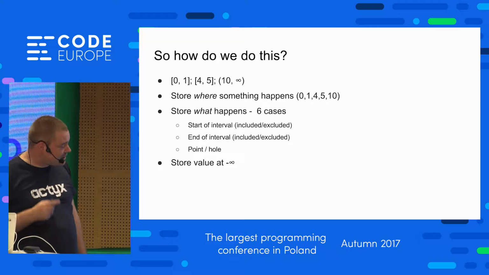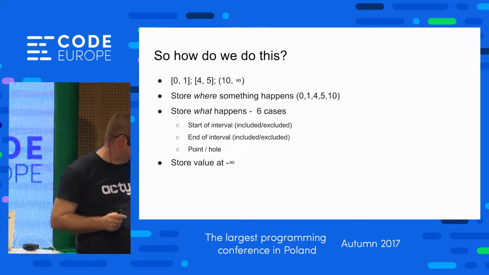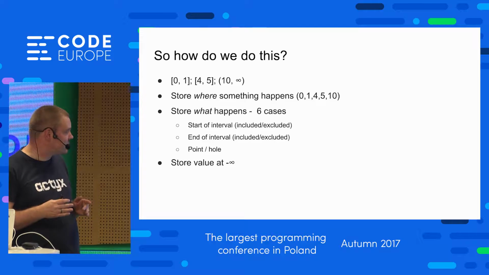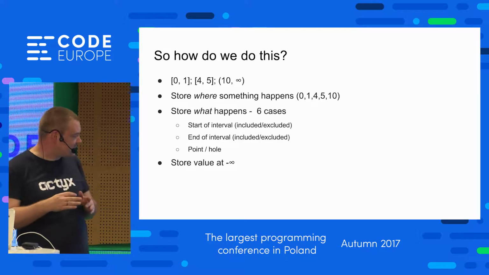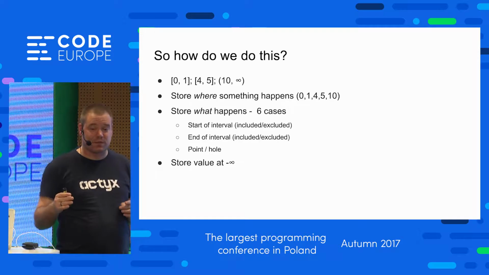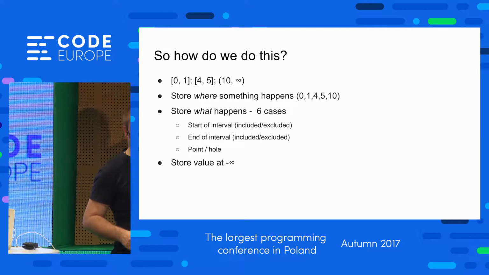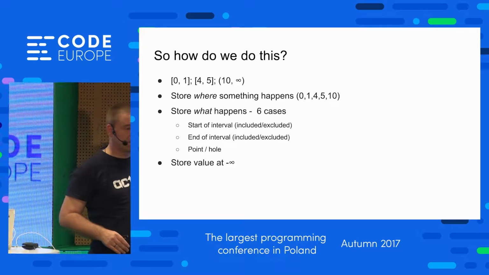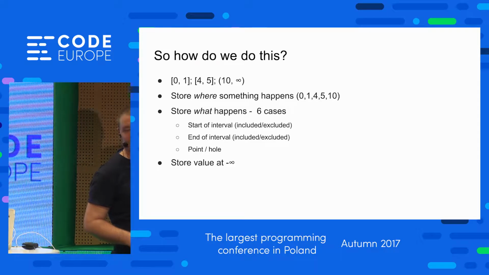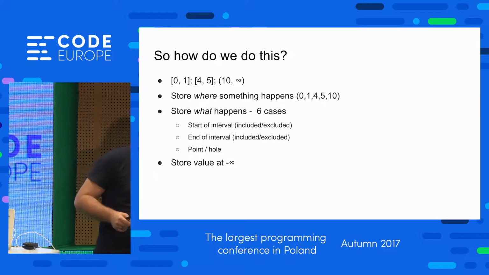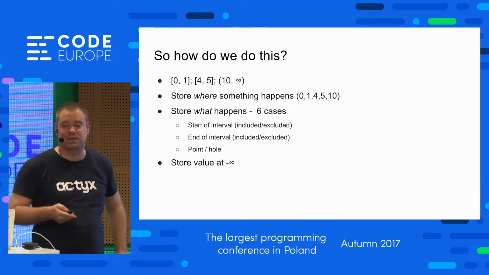And then one thing that is very important: we want the interval set to be usable at any point. So we also have to know the value before the first change. In this case, the first change is at 0, but we also need to know what the value is before 0. So we need one additional value, which is basically a Boolean, which tells you the value at negative infinity.